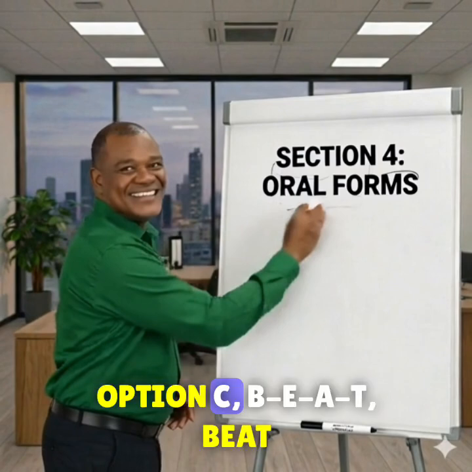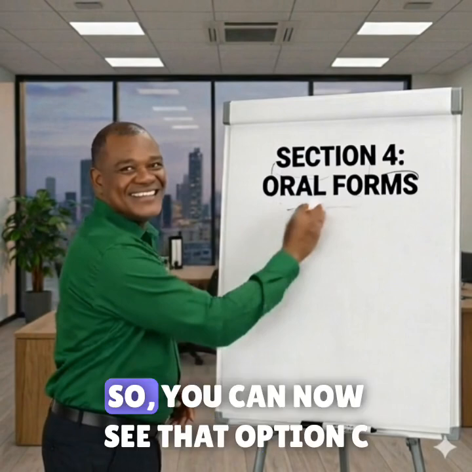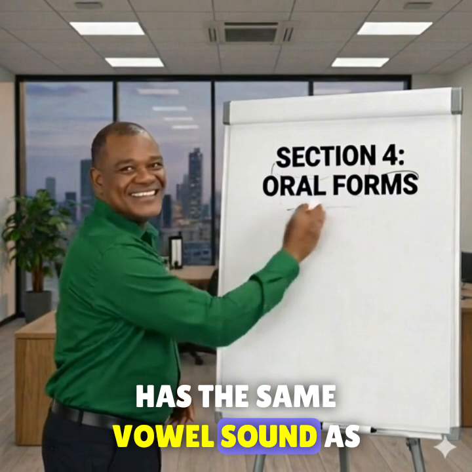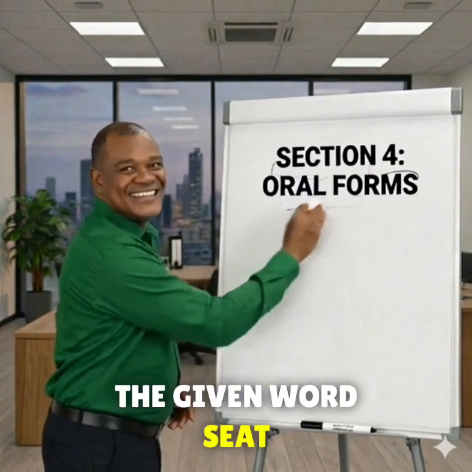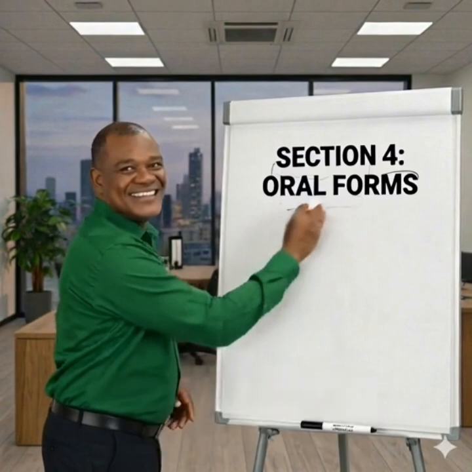Option C, B-E-A-T, beat. Option D, S-A-T, sat. So you can now see that option C, which is beat, has the same vowel sound as the given word seat, and that is why it is the correct answer.